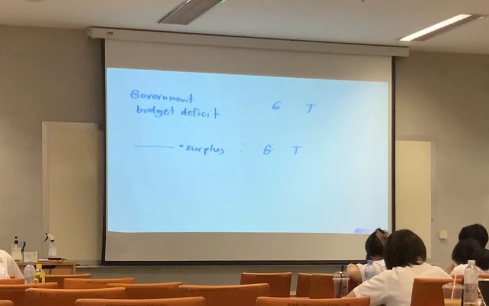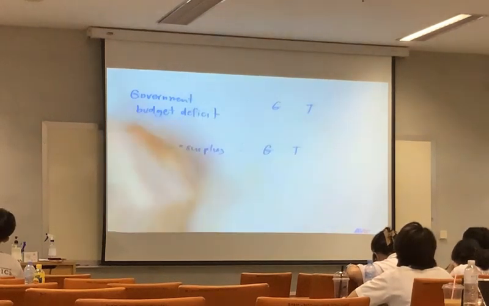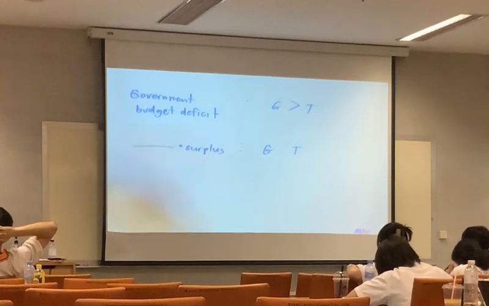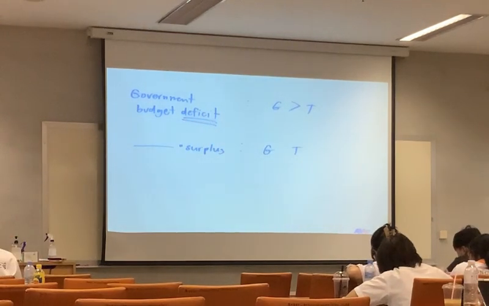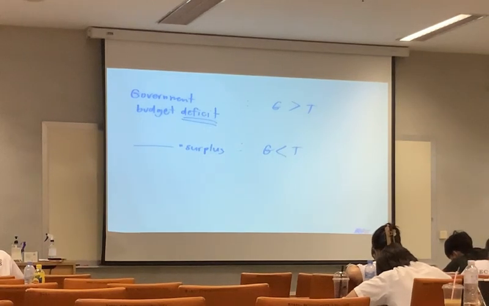When the government is doing a budget deficit, which one is bigger? Are you sure? G or T? Okay, because spending should be bigger than revenue. Deficit. But in a surplus, revenue will be bigger than spending.